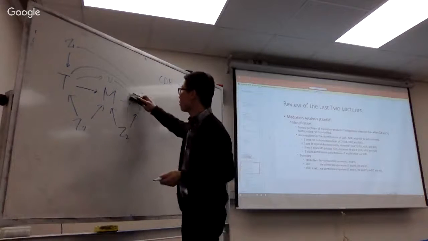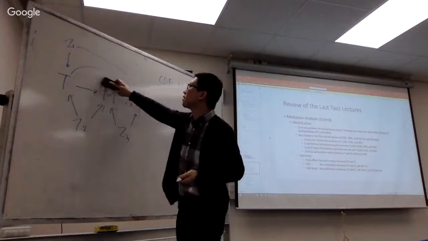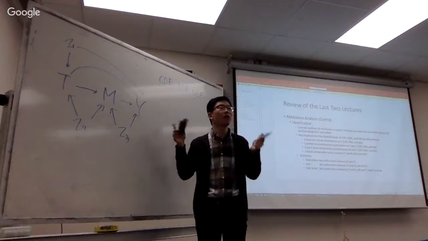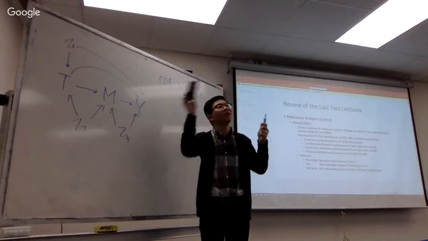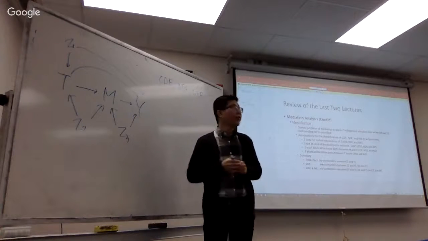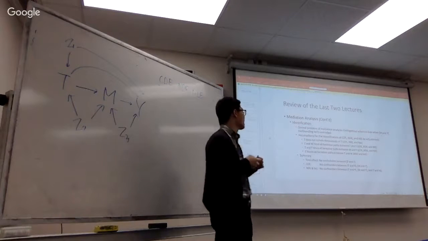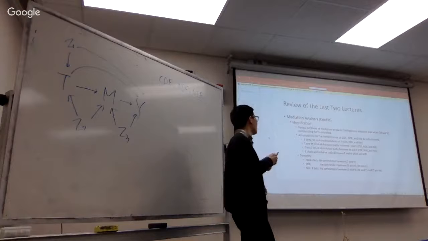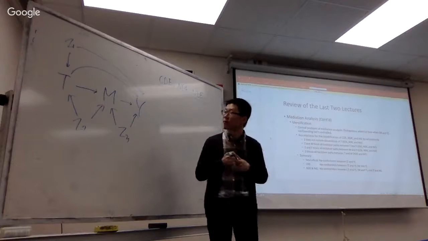We are assuming that there are no U's that mediate T and Y. That's the first assumption. And the second assumption is Z and M block all backdoor paths between T and Y.